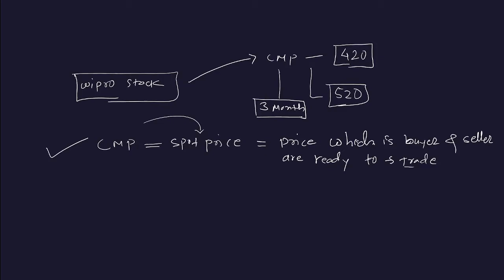The way you are thinking that the price will reach 520, another counterpart will think the price can go down and it can reach 320. Who is thinking that the price can go down, he can sign the contract with you. If you think the price will go up from 420 to 550, you are looking for the opportunity to earn the 100 rupees which you can earn from this contract.